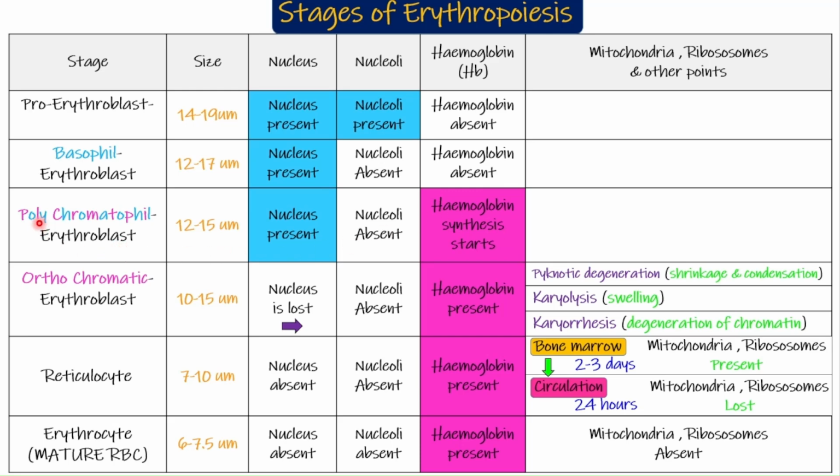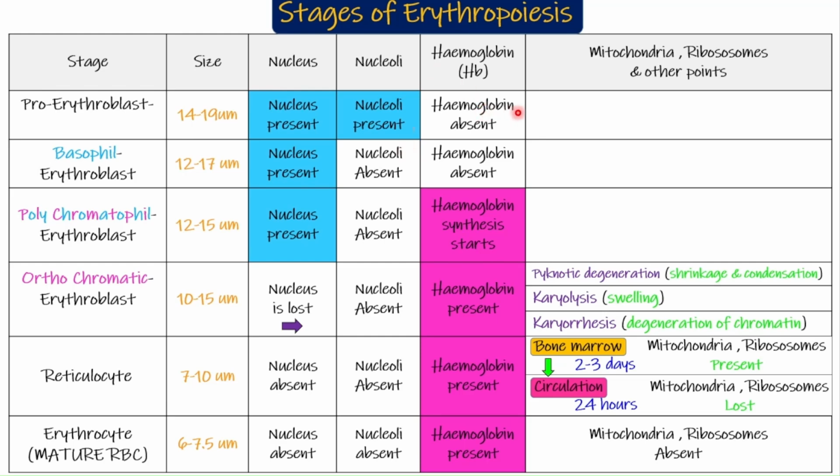Okay, so in some parts, even the Guyton, it is said that in the proerythroblast stage there is little hemoglobin present, but that hemoglobin is not stained, but the hemoglobin properly appears and is stained from the polychromatophil stage. Okay, so I've just labeled that from the polychromatic stage the hemoglobin appears.